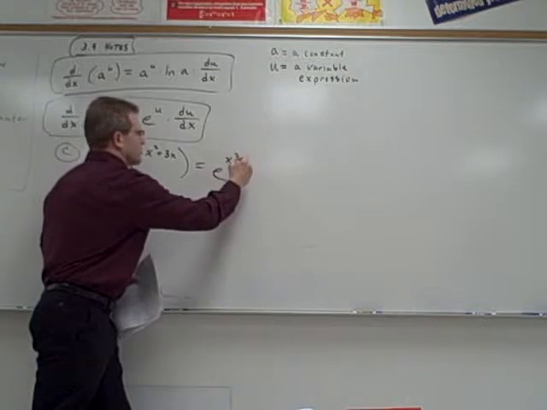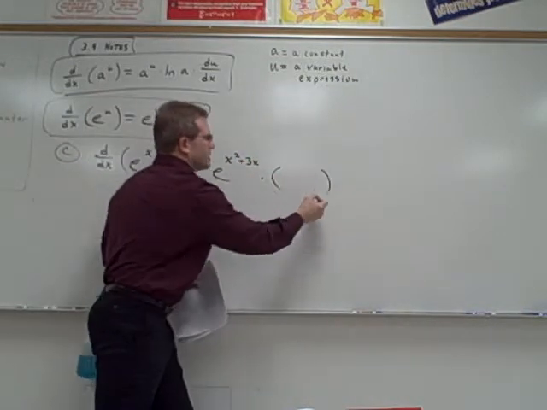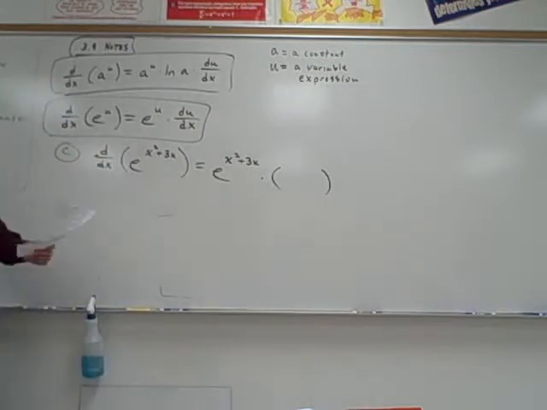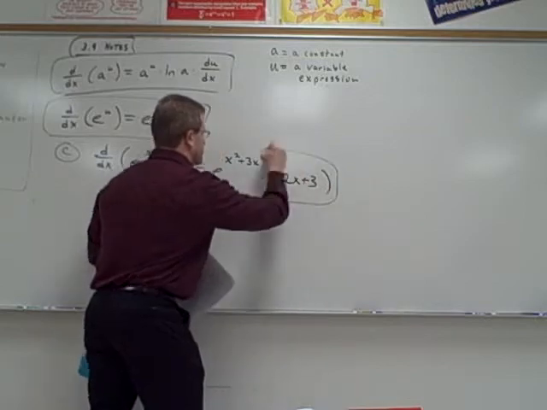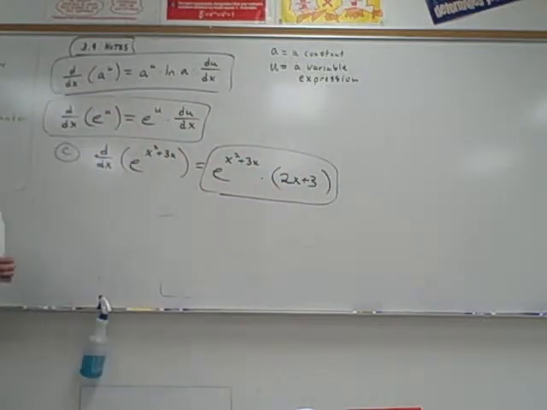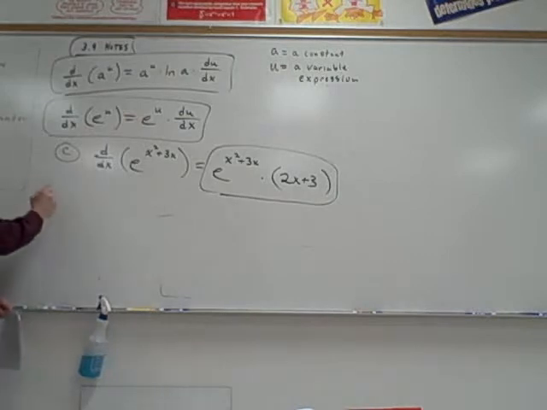E to the x squared plus 3x times, put this derivative in parentheses, the derivative of x squared plus 3x would be 2x plus 3. That's your answer. Okay? So don't make that too hard. Copy down the problem, multiply by the derivative of the exponent. So you have to memorize that. That shouldn't be hard.